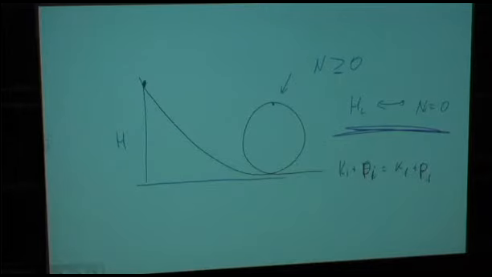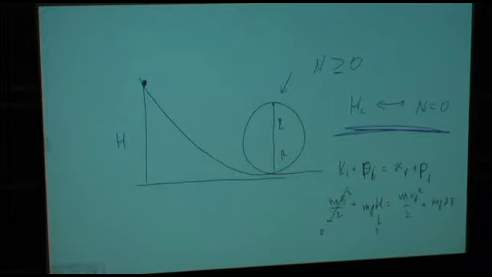So m v initial squared divided by 2, and normally we set it to 0, plus mgh, that's what we're looking for, has to be equal to m v final squared divided by 2 plus mg times 2 times the radius of this loop.